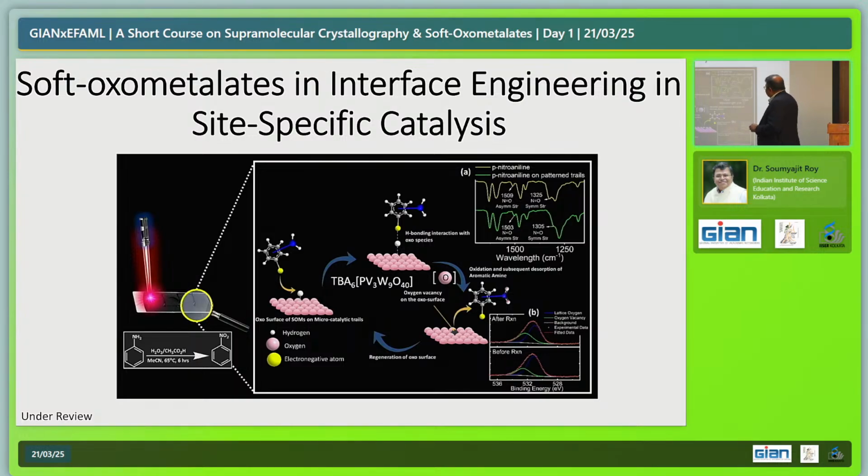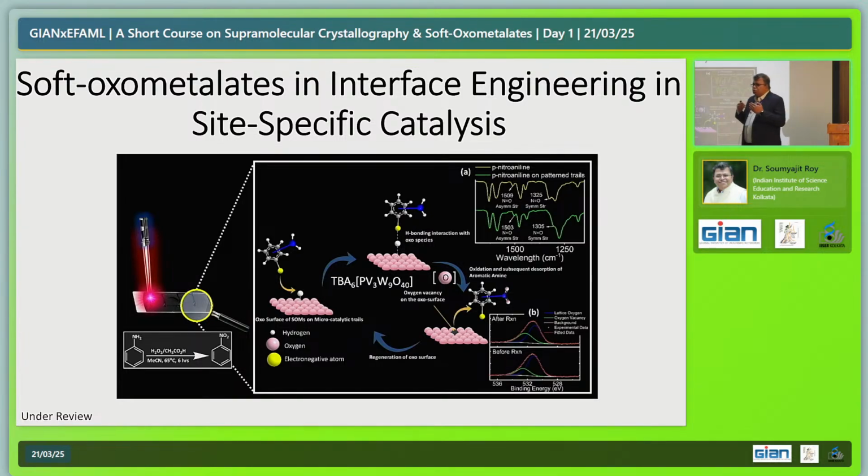And then it was possible for the molecule to just replace this amine with a more oxidizing oxo unit, and then creation of the oxo surface with the concomitant oxidation of this unit.